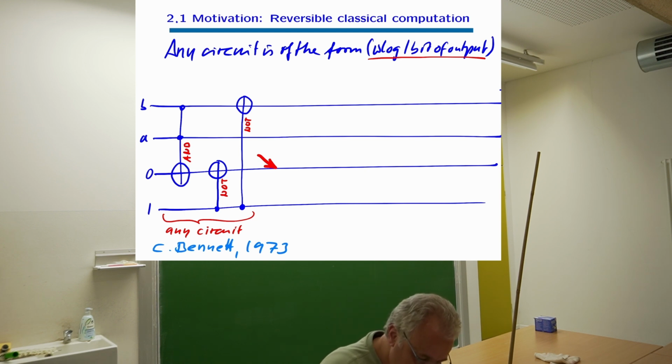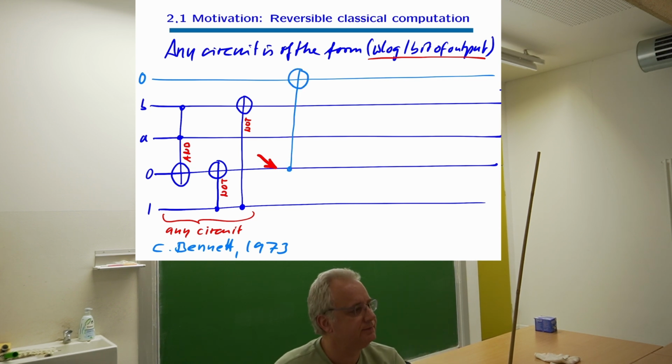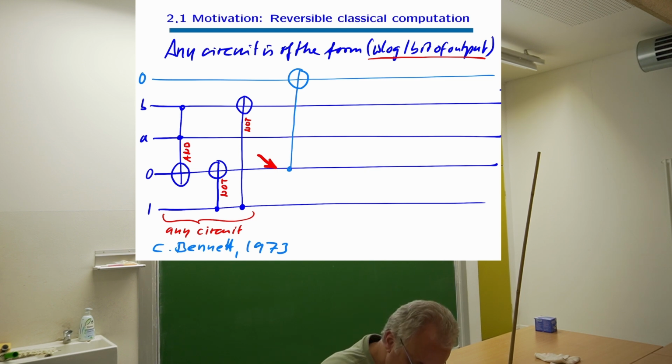So what we now do is we add another bit, prepare it in state 0, and we use the C0 to copy that bit. So now this is going to be our computational output.